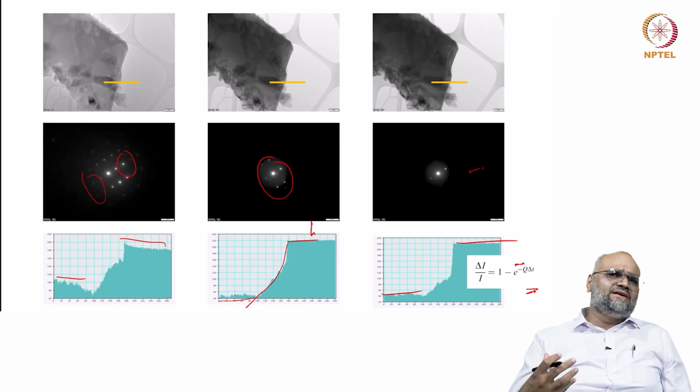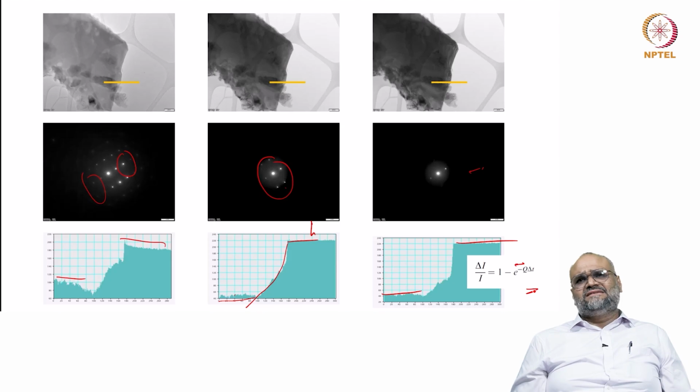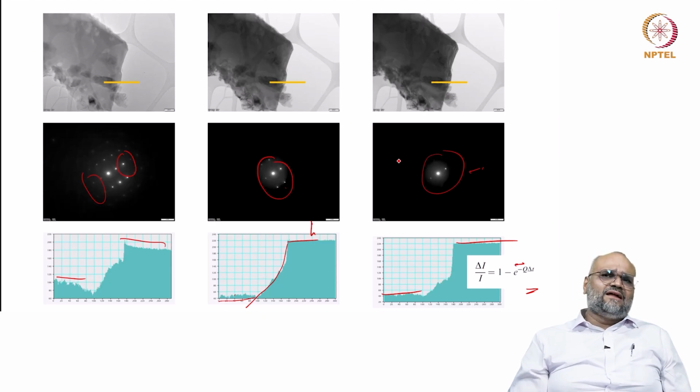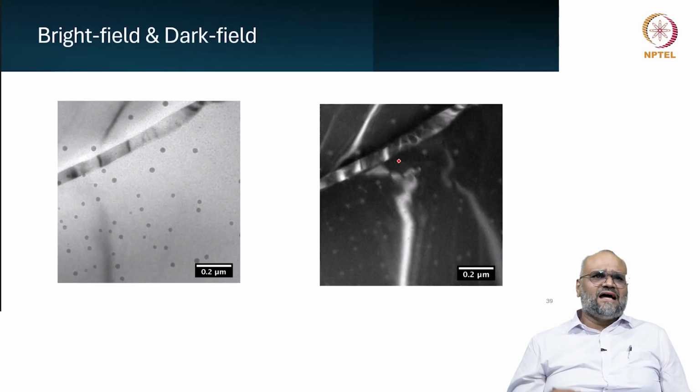Once you orient the specimen in the zone axis and you want to obtain high resolution imaging, you do not want to use any of the apertures to block the higher order frequencies, to obtain a very good high resolution image. But when my intention is to image defects or to improve the contrast of the features that I want to see, then I intentionally use an aperture, and this is called switching between the bright field and dark field images.